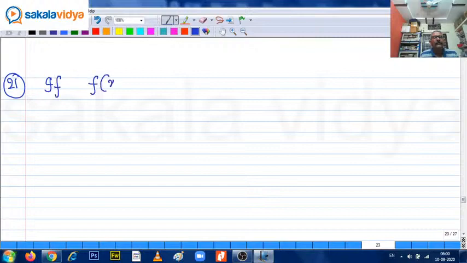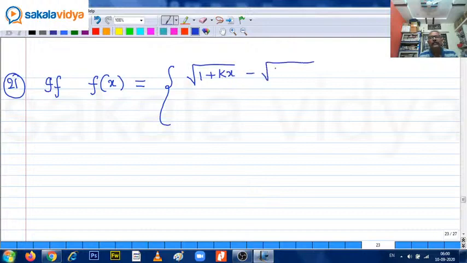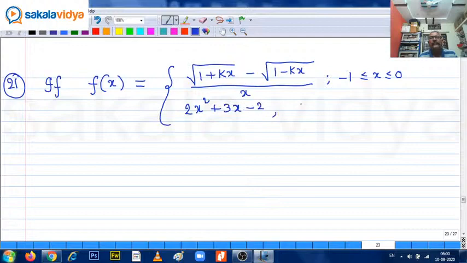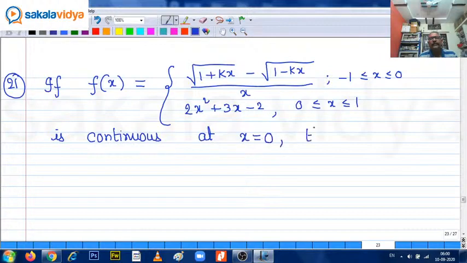If f of x equals root of 1 plus kx minus root of 1 minus kx upon x, for minus 1 less than or equal to x less than 0, and 2x square plus 3x minus 2 for 0 less than or equal to x less than or equal to 1, is continuous at x is equal to 0, then what is the value of k?